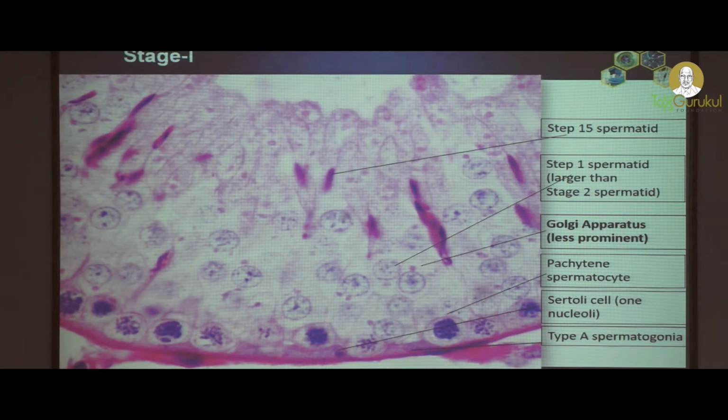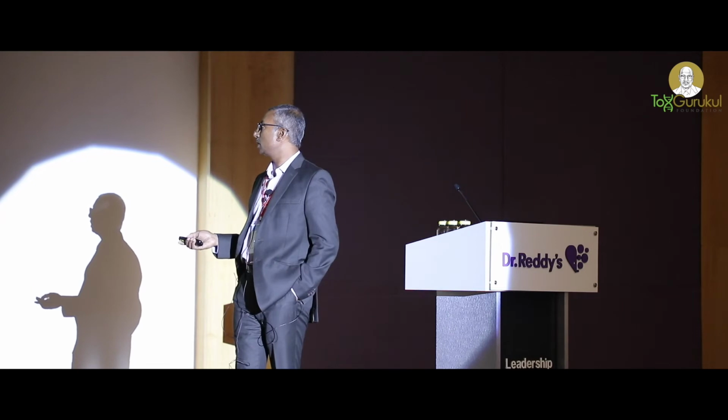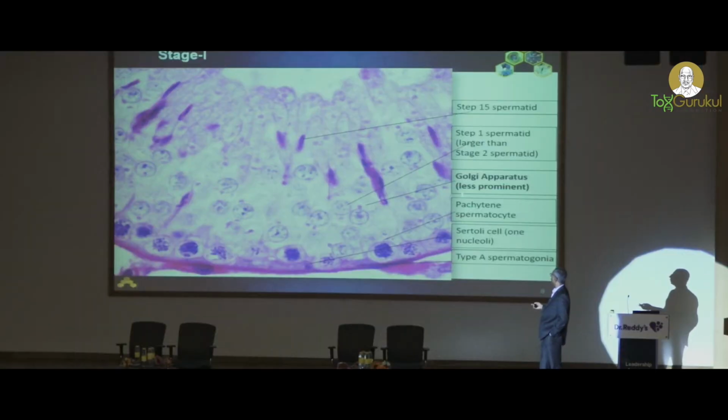Stage 1: the secondary spermatocytes that are formed from the first meiotic division undergo the second meiotic division to form the step 1 spermatid. It is the presence of the step 1 spermatid which gives the staging criteria of stage 1. At this stage you see the presence of spermatogonia and the pachytene spermatocytes.